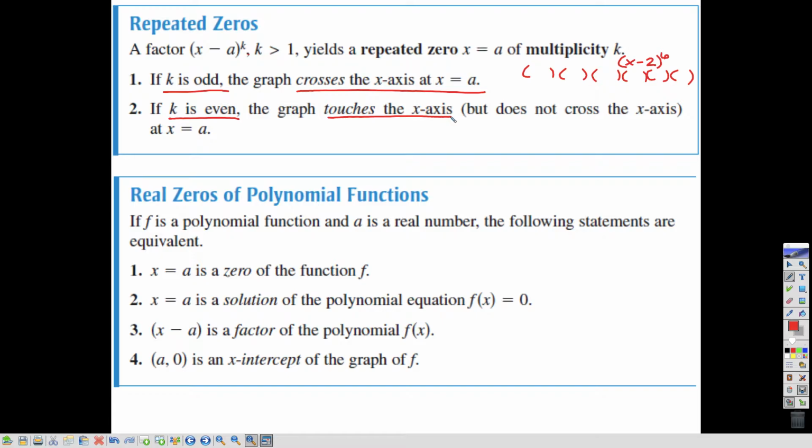It bounces off. So x minus 2 to the 6, would the graph bounce there or go through there? Bounce, because it's 6. If it was 7, it would go through.